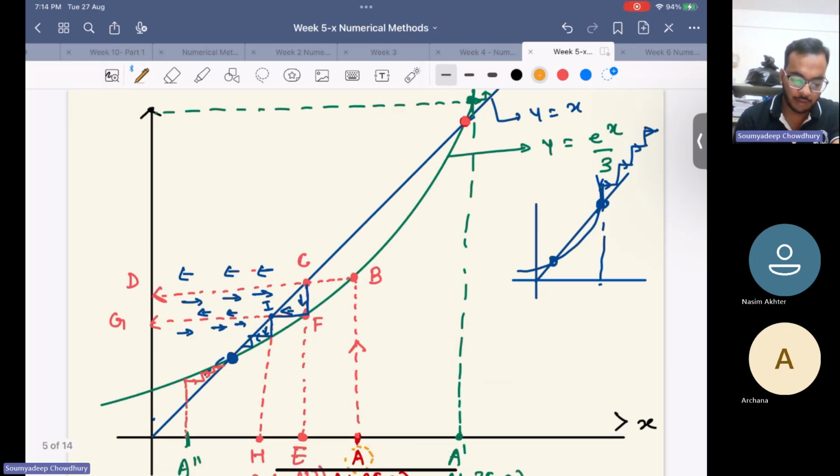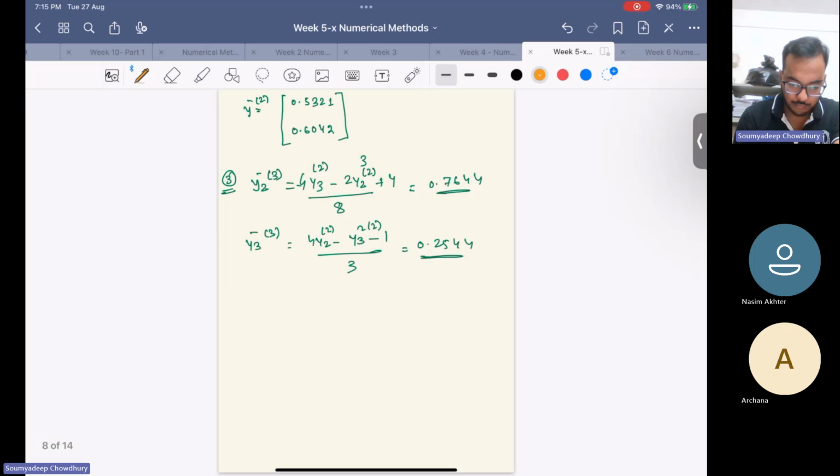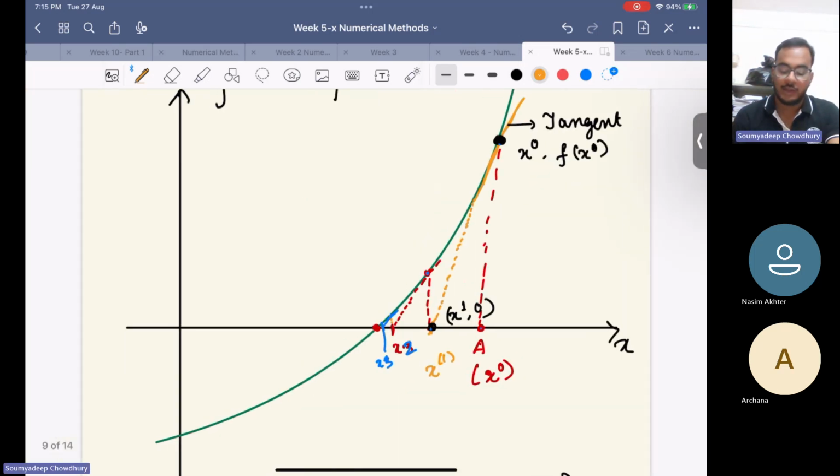One second, sorry, this is the fixed point thing. So here is the Newton-Raphson thing, right? In Newton-Raphson, we have an initial guess which is given by A here. Based on A, we draw a vertical line from the point of the initial solution and find the functional value at that point, f of x0.